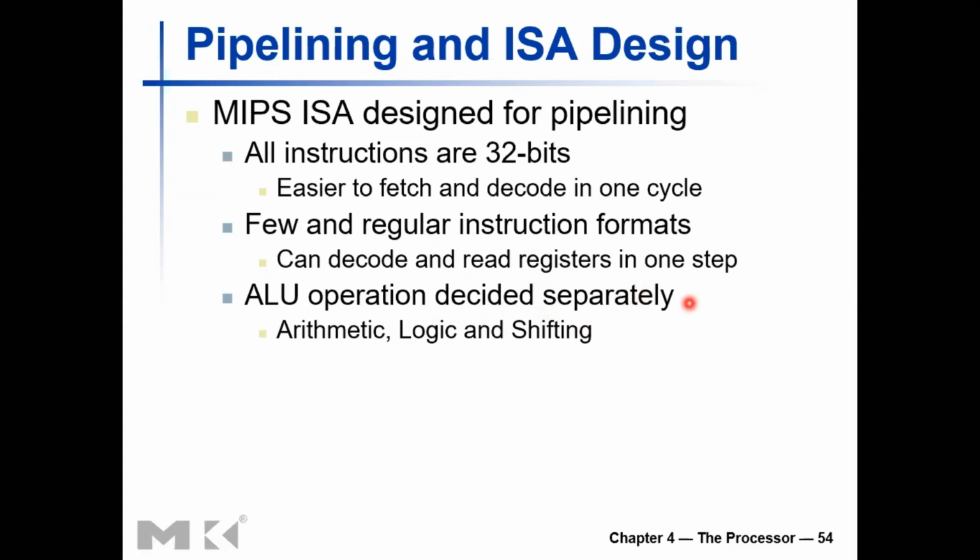For instructions that need different ALU operations like arithmetic, logic, shifting instructions, we have this funct field or the function field separately. It's not part of the opcode. So the funct field is used by the control logic a little later than the opcode is used.